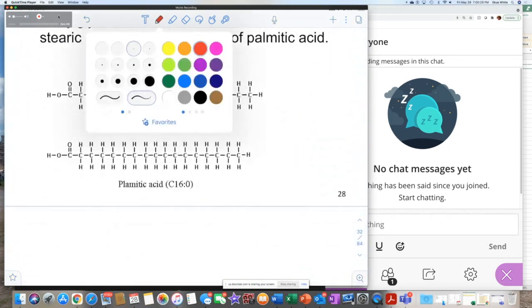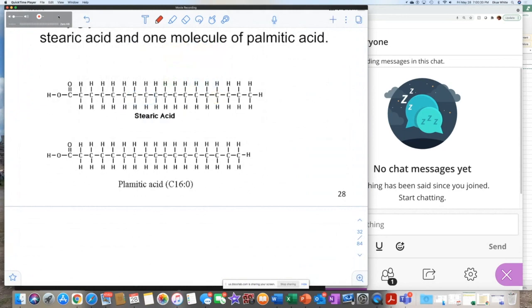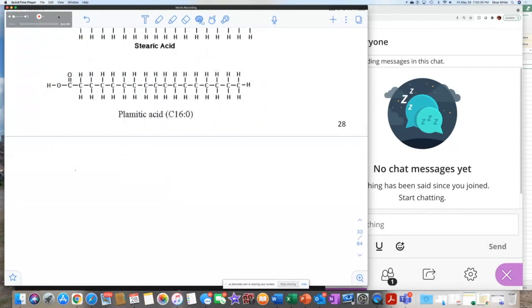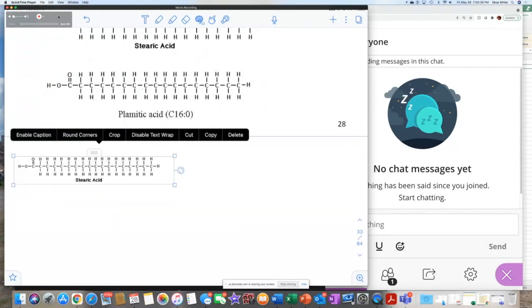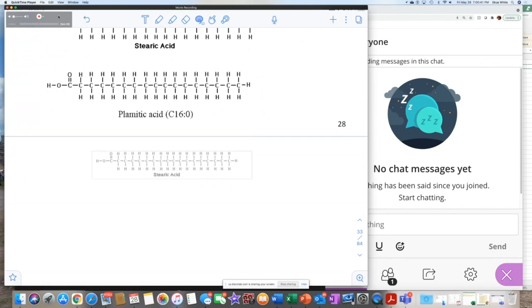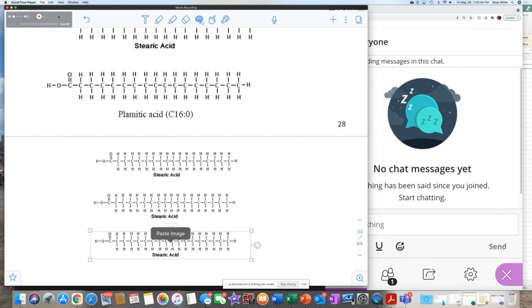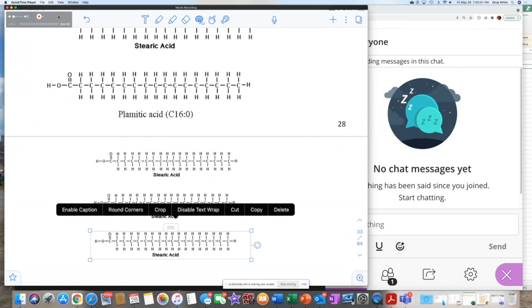Okay, so for this one here, since I saw how I can do this, let me see if I can make this go faster. Copy, paste, 1, paste, 2, paste, 3.